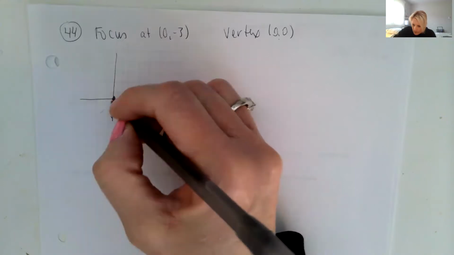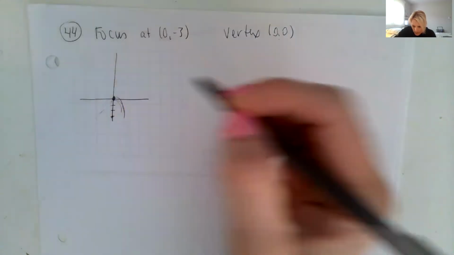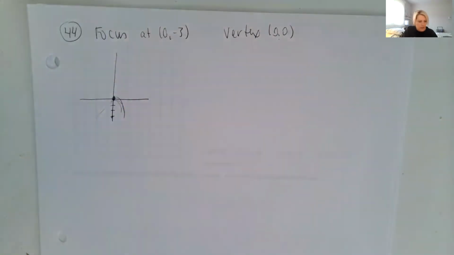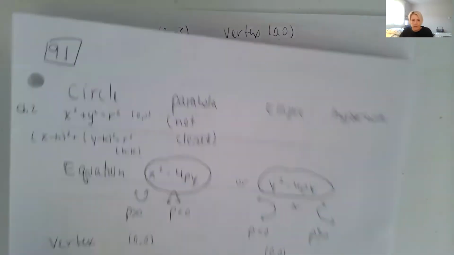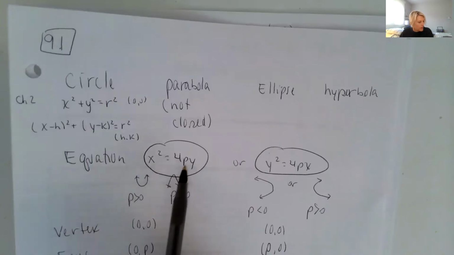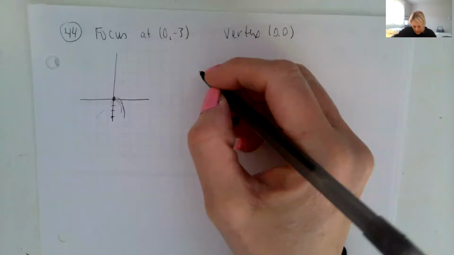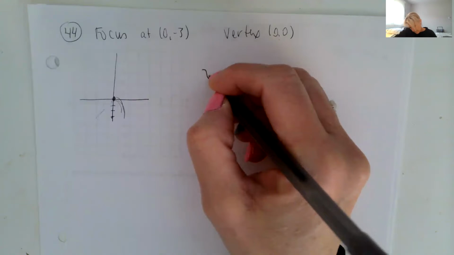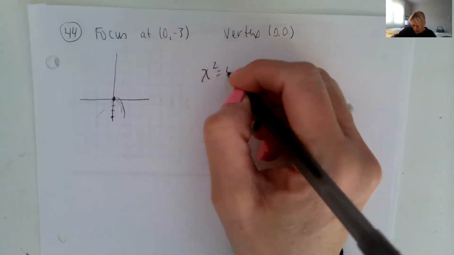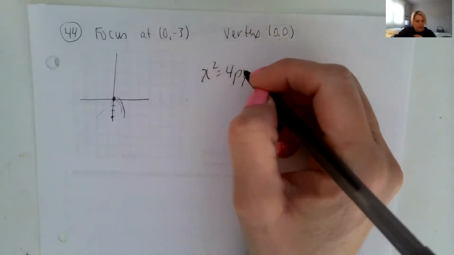So it must be facing down, right? So it must be of the same type that we were just doing. So it's going to be x squared equals 4py.